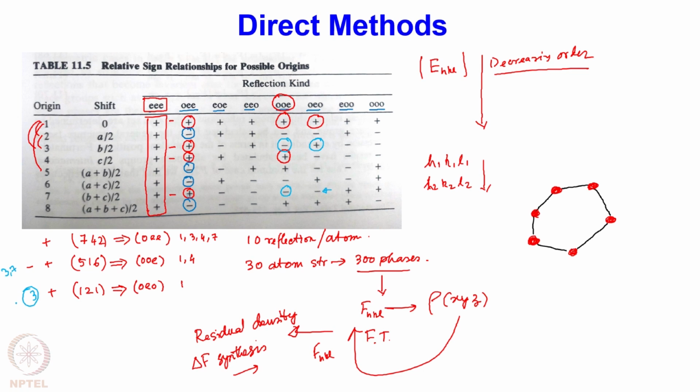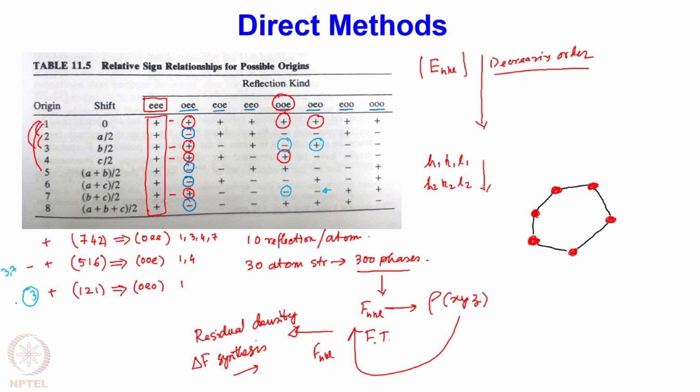And nowadays, as we have seen, we know ShellX does this job very well, and we use ShellX S for structure solution, which we will show in one of the lectures how ShellX does this routine structure solution algorithm to get the correct phases, and from there it does a Fourier transformation to give you the correct positions of the atoms.